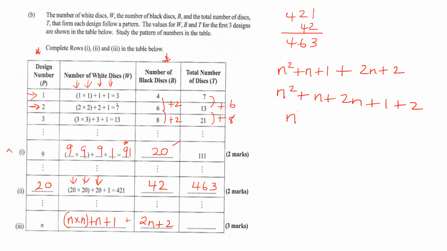So that's n squared plus 3n plus 3. Okay, let me write that a little clearer. n squared plus 3n plus 3. And that's it.